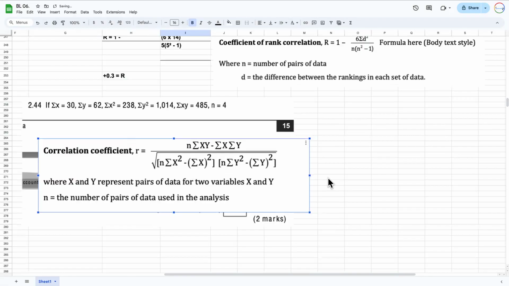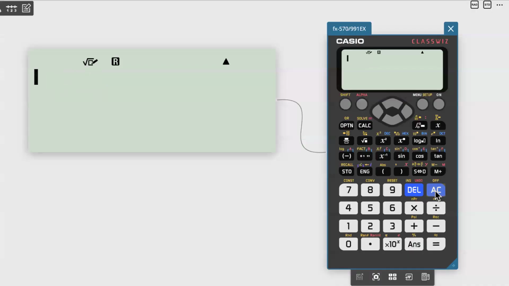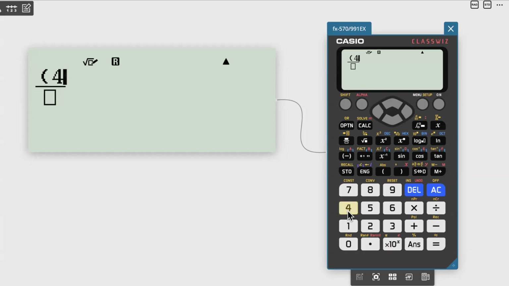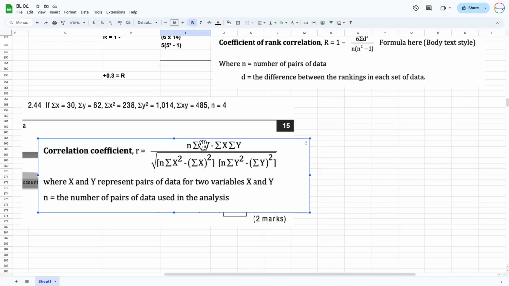Right, so now I'm going to use the calculator. First, n into sigma xy. We know n is 4 here. Right, n is 4, into sigma xy.